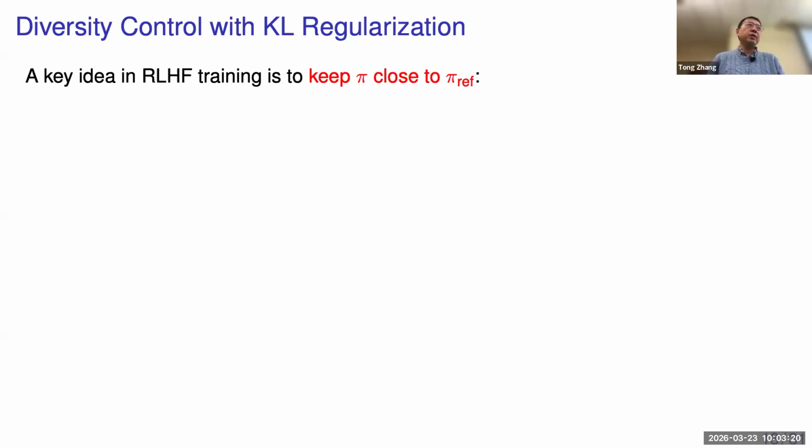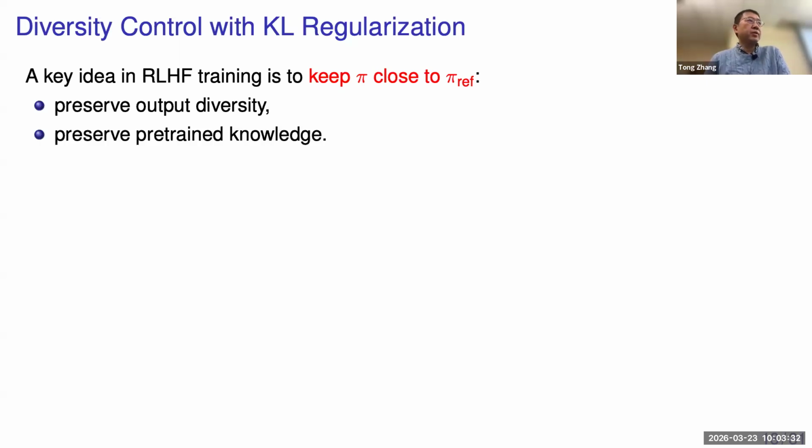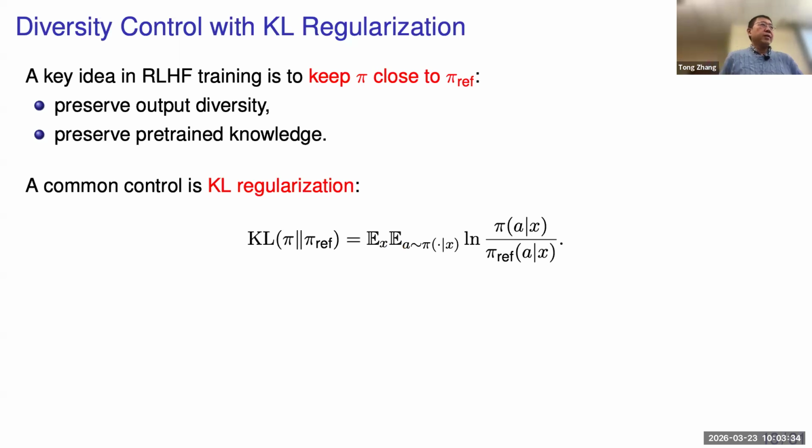So that's why you not only say I want entropy, but I want a KL. KL helps preserve diversity and preserve pre-trained knowledge. KL actually is the smaller the better. The KL is just how close pi and pi ref are.